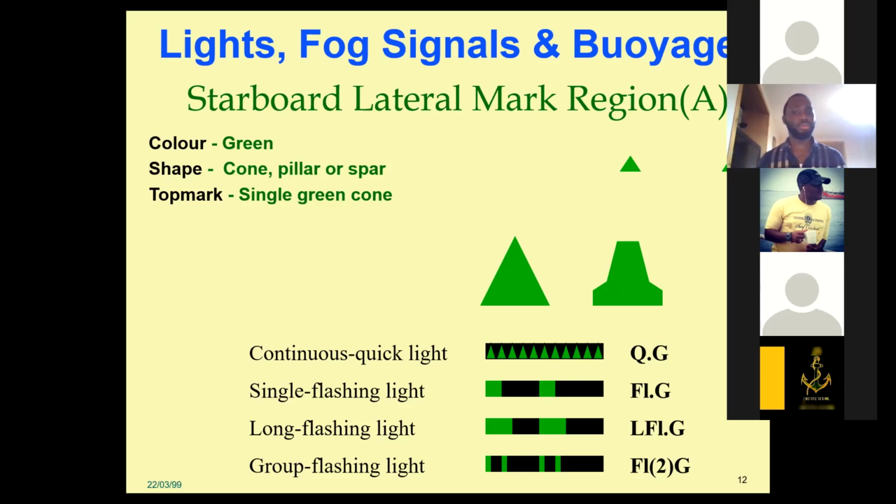And I'll come down to the port lateral mark. When you see a cone on top of a lateral mark, it signifies this no matter the region. But always be very careful of the color. The color is opposite.